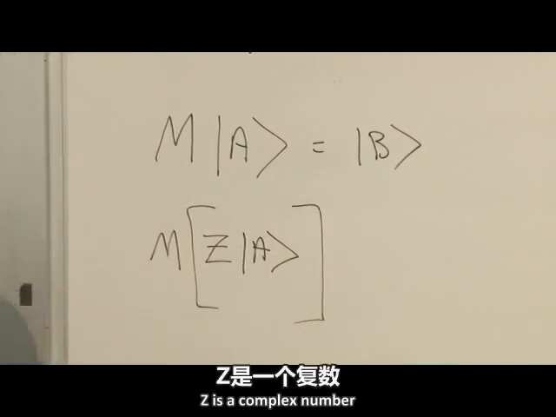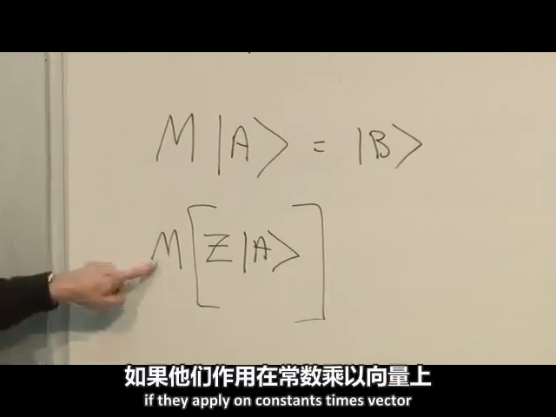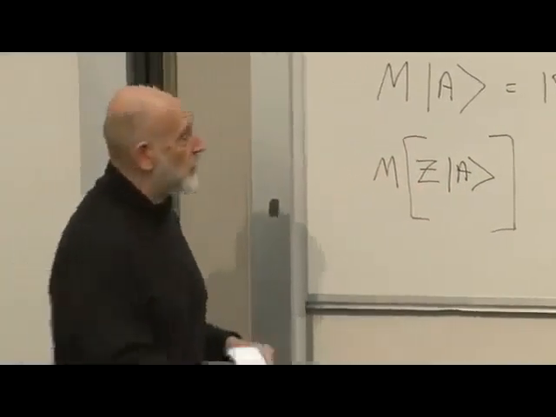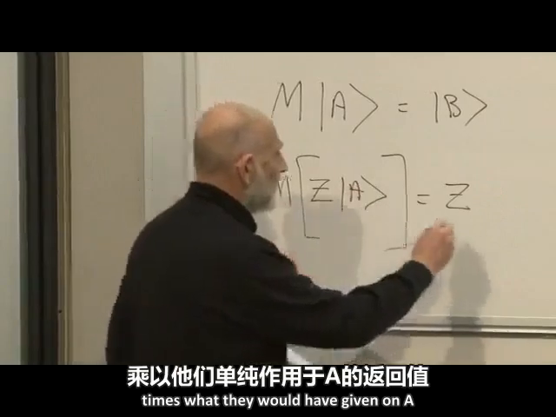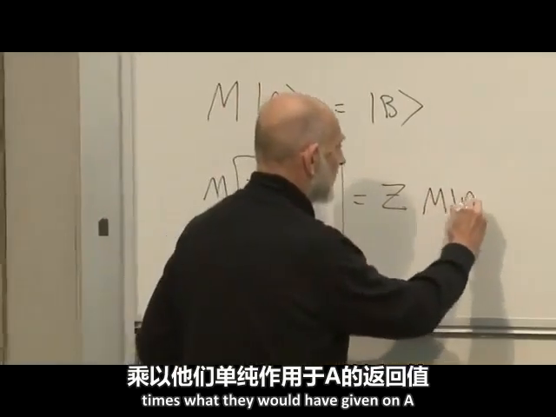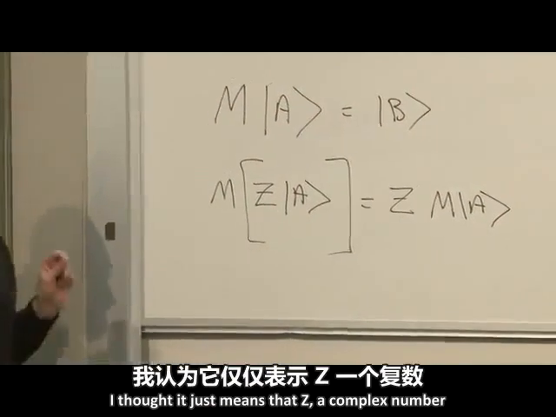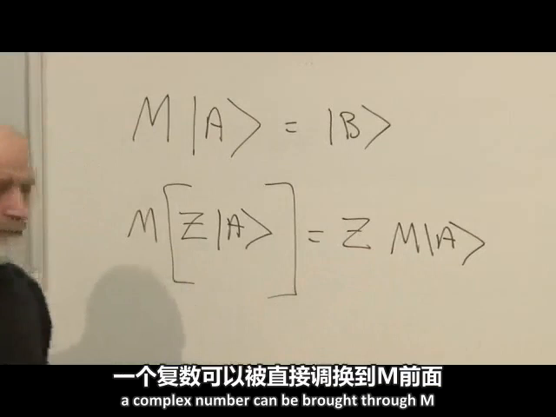Z is a complex number. The rule about linear operators is if they act on a constant times a vector, they just give back the constant times what they would have given on a. So it just means that a z, a complex number, can be brought through M.